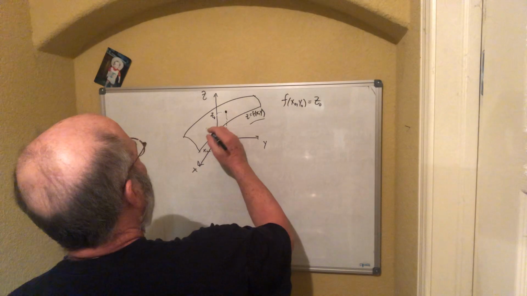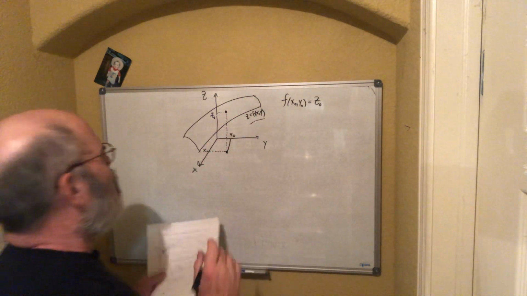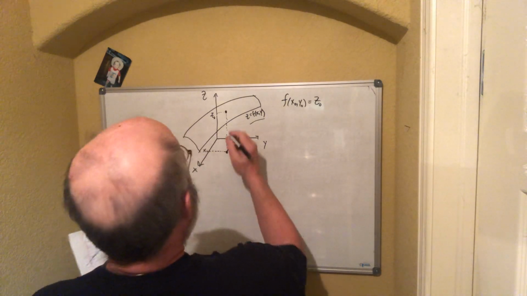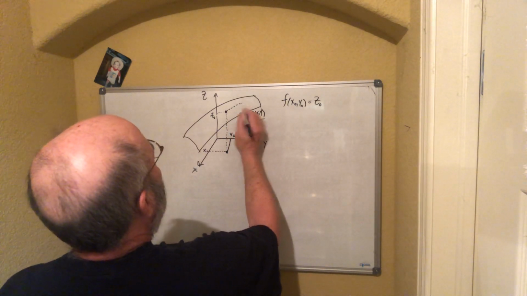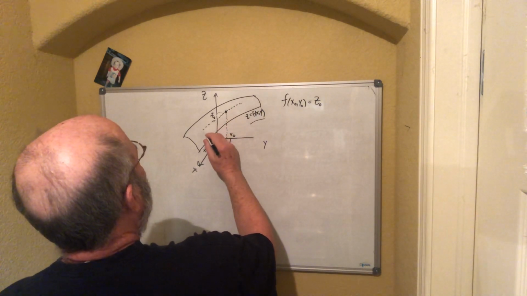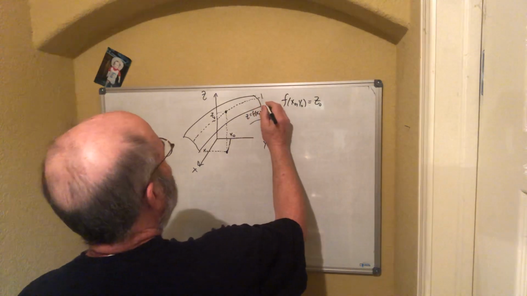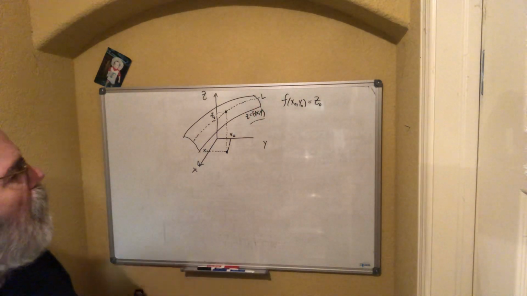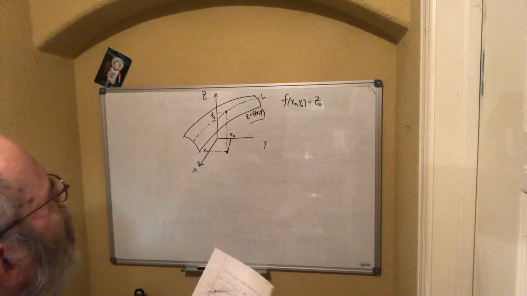Let's focus in here, again trying to keep my picture as legible as possible, which is a pretty tall order for me. Let's say that this is a curve in the surface, and let me refer to it as L. I think that's a letter that's in the book. It doesn't matter what letter we're using.